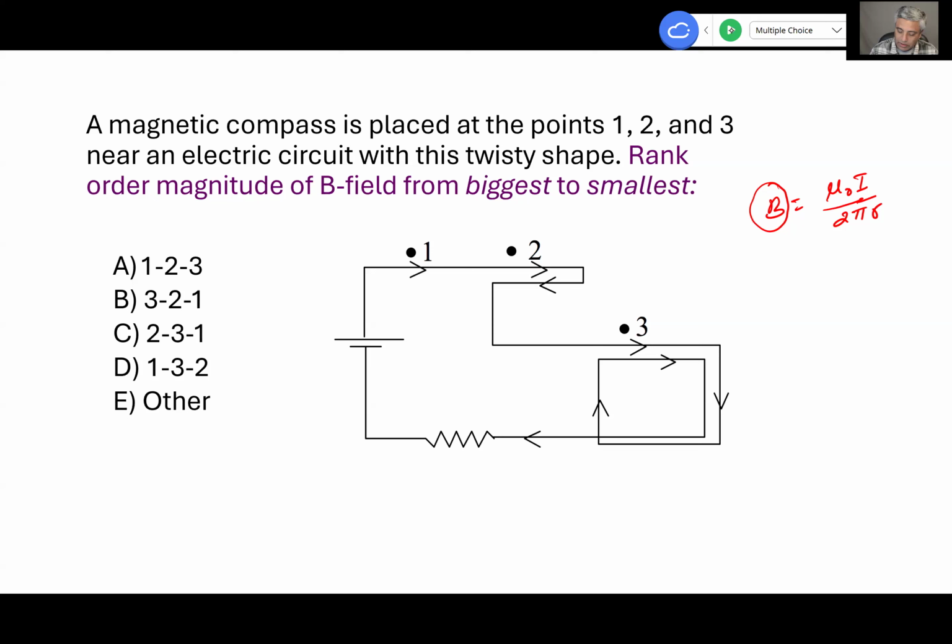I'm opening the poll and giving you a minute and 30 seconds to work on this. Maybe 2 minutes for this. Take your time.